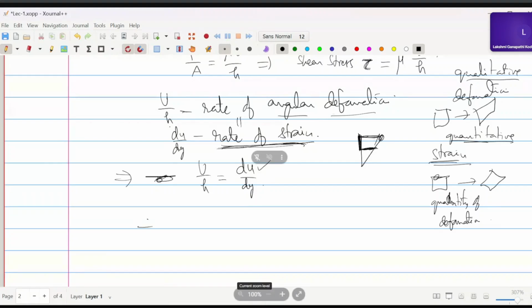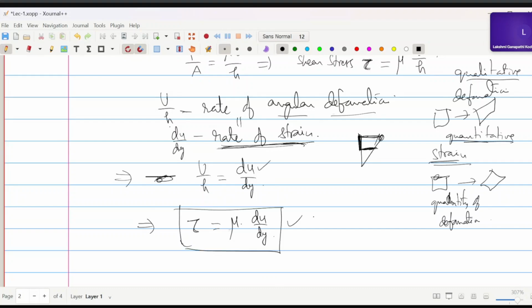So this implies that tau, the shear stress, is mu times u by h, which is like du by dy. So this is exactly what you get. This is actually nothing new.